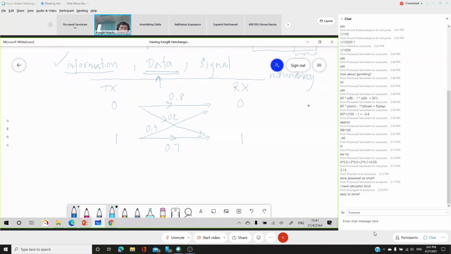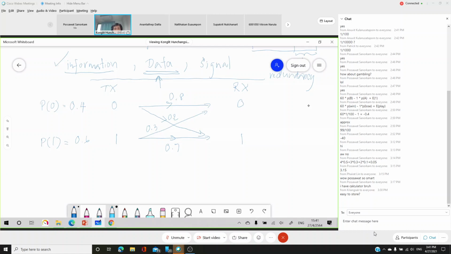Let's assume that the probability of transmitting 0 is, make it 40%. So the probability of transmitting a 1 must be 60%.